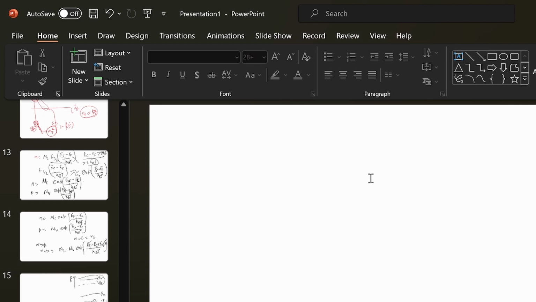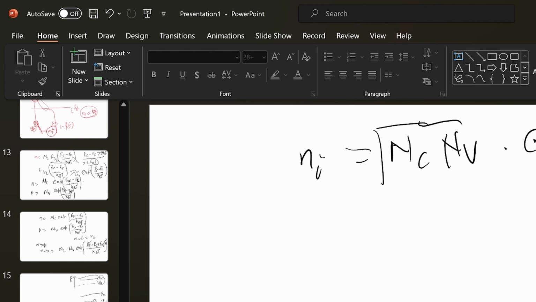As we have seen, ni is equal to the square root of Nc into Nv into exponential of minus Eg divided by 2kBT, so ni depends on the band gap. If the material has a lower band gap or a higher band gap, what is the intrinsic carrier concentration?